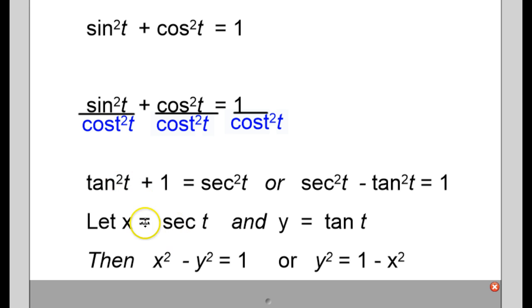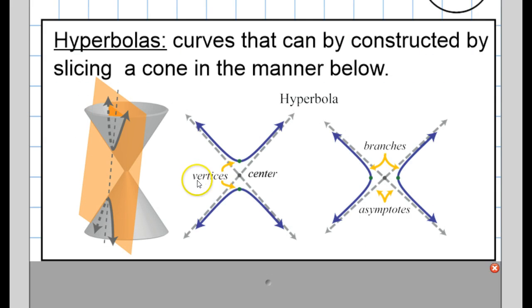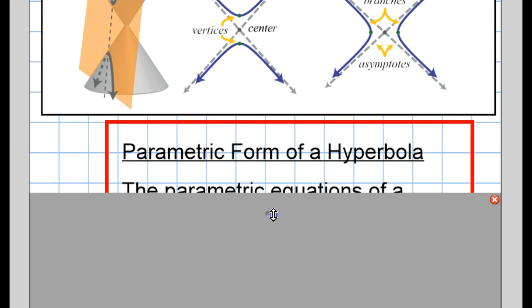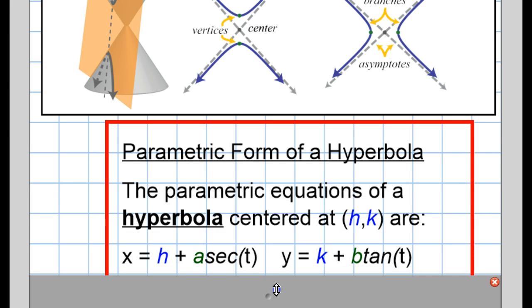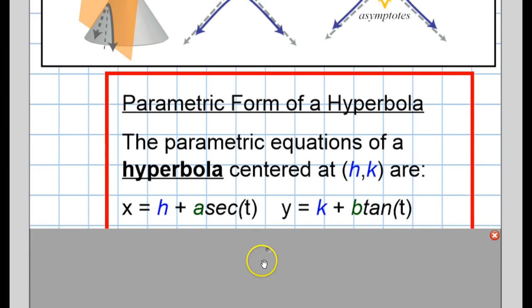Well, in this case, this was a very general hyperbola with the center being at 0, 0. So let's see what happens if we change the location of the center. Over here in our notes, the book gives us the formula very similar to that of an ellipse.